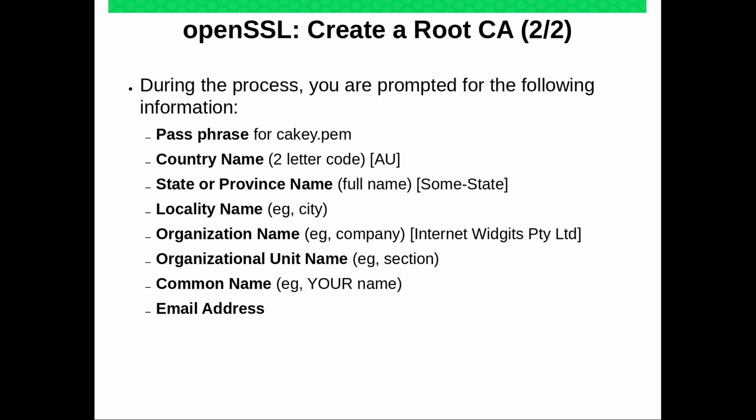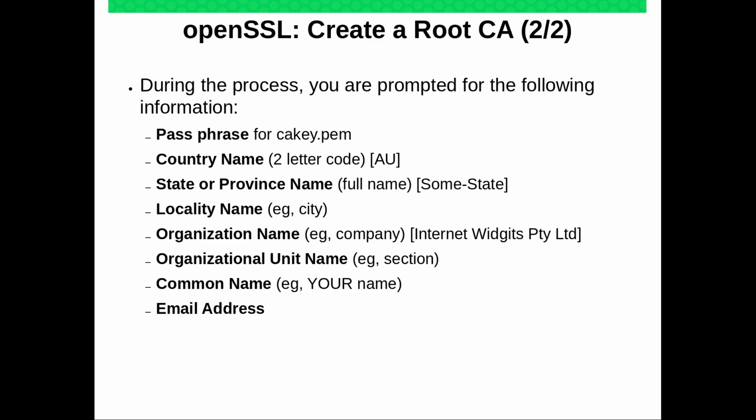Then, of course, you have country code, a state or province name, locality, which would be like a city, organizational name, organizational unit name, common name, which is tied to the person who's generating this, and then an email address so that issues with certificates have somewhere to go. Okay, so there's generating a root certificate authority.